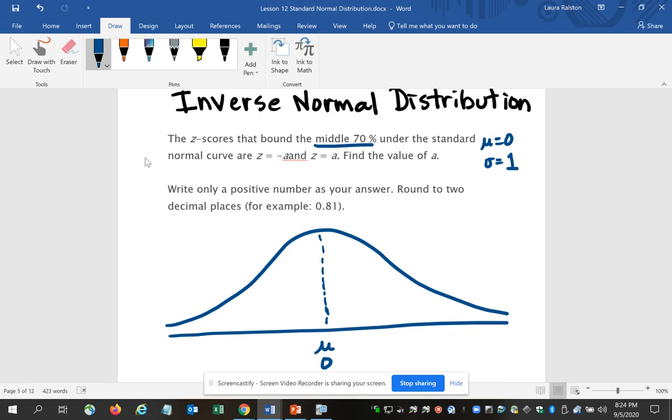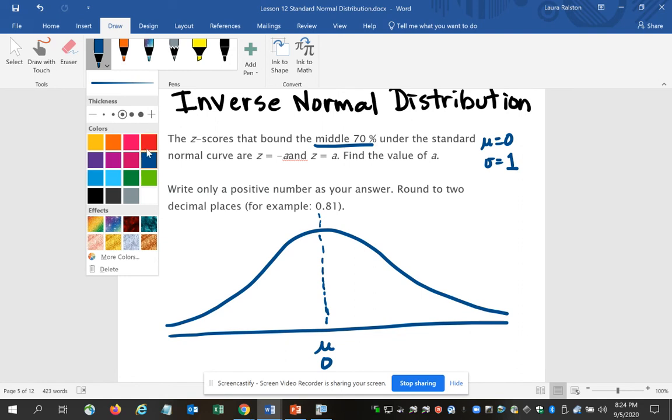And we want to find the middle 70%. Here the mean is our measure of center. It is symmetric, so it divides the entire curve so that there's a full 50% below and a full 50% above. But I want to know what's in the middle. So if I divided 70 in half, since my curve is symmetric, half of 70 is 35%.